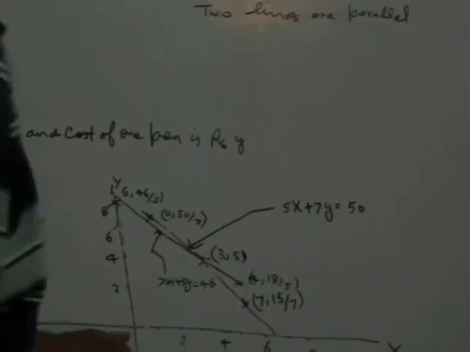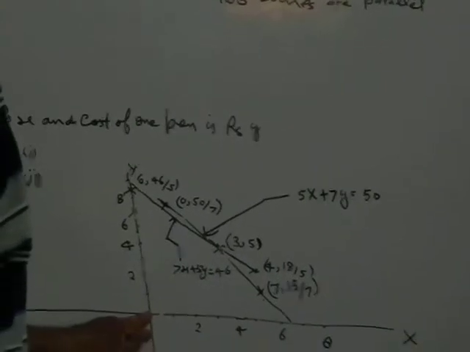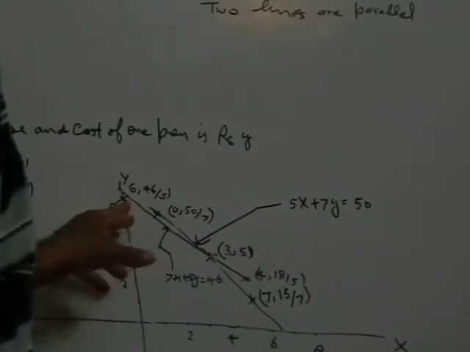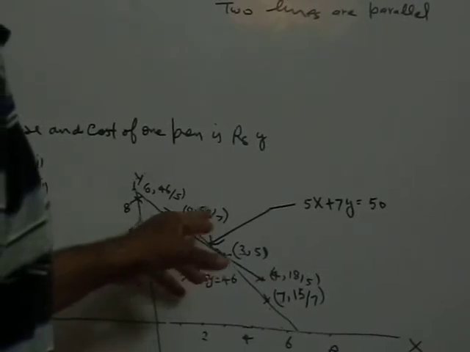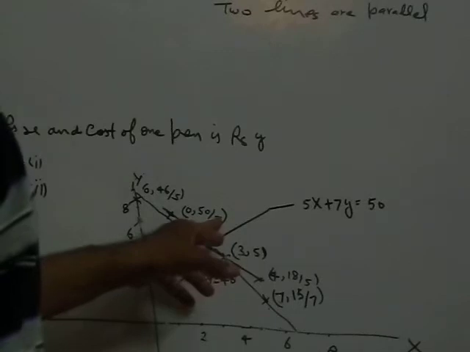So roughly 7 comes to this point, (0, 50/7).